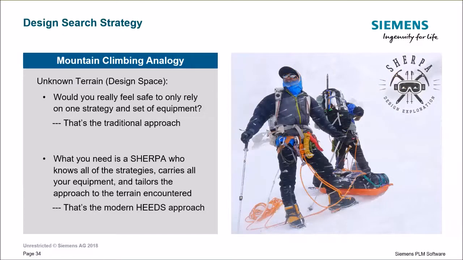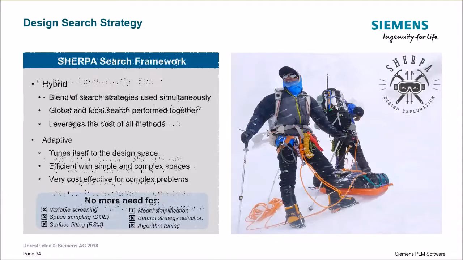What you would need is a Sherpa that knows how the terrain is, that takes you through the correct paths, that helps you carry certain parts of your equipment, and someone that knows how to get there as well as possible, and as fast as possible. This Sherpa is a search framework. It's a hybrid algorithm that takes advantage of different optimization strategies.